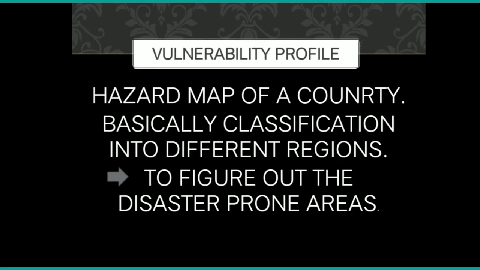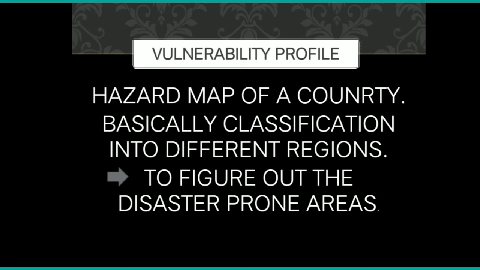So now let's take another topic, which is vulnerability profile. Vulnerability profile is nothing but a hazard map of a country. It basically classifies the places of the country into particular segments, stating that this part of the country is a high disaster prone area or a low disaster prone area.